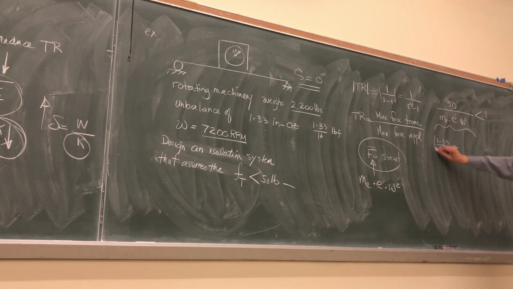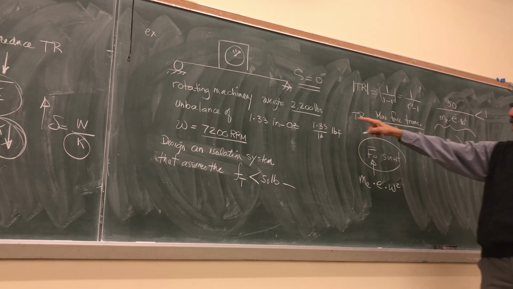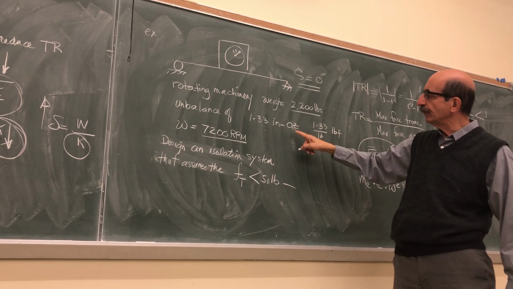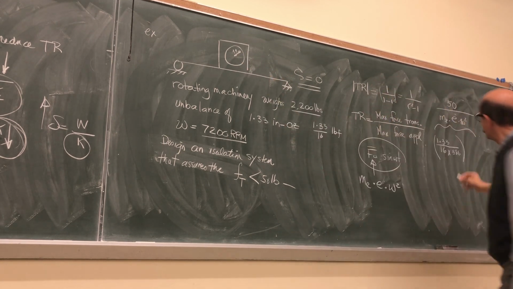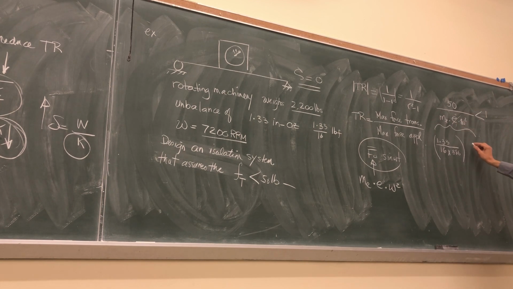So that's m e. What is the frequency? Frequency is given as 7,200 RPM. So you need to convert that to radians per second, times 2 pi over 60. That will be 754 radians per second. So this is 754 squared.